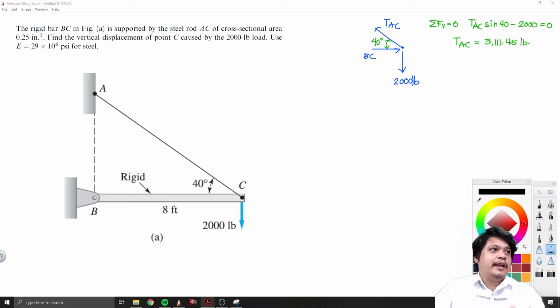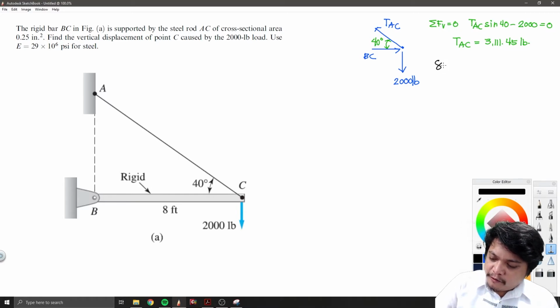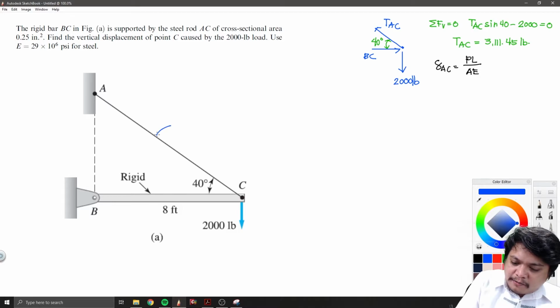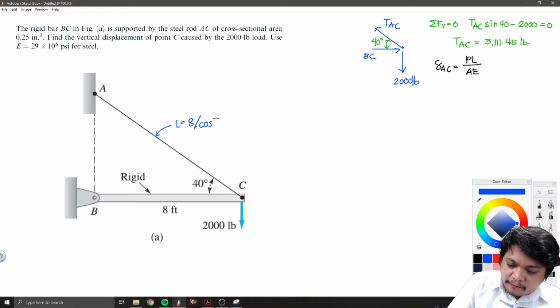Okay? Next. To solve for the deformation of the AC, so we will be having a formula PL all over the AE. Ngayon, ito 8 feet to eh. So, this length would become equal to 8 divided by cosine of 40.